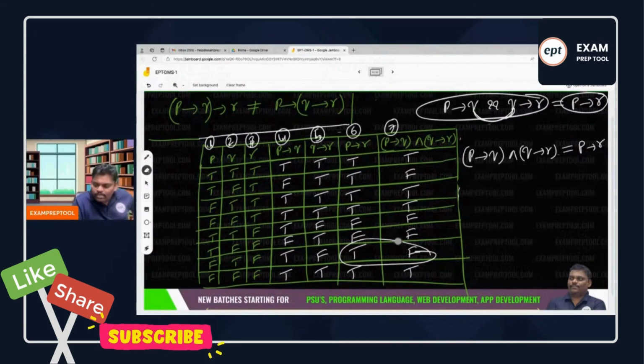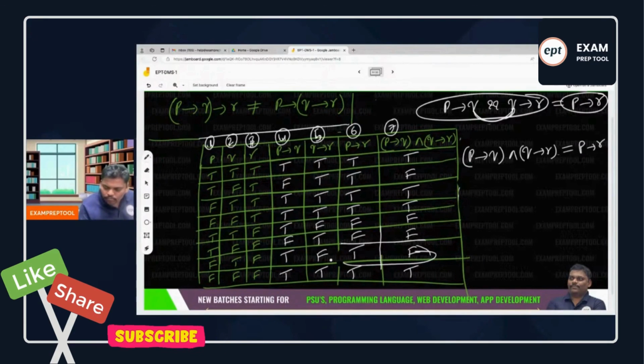Second row also not the same. If anyone says equal, let me know. Right? Fine. Perfect. To state that conclusion, I gave this table.